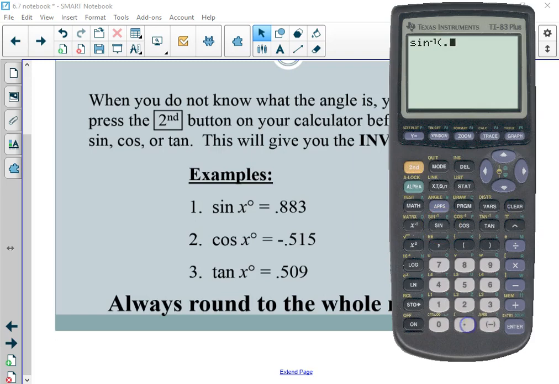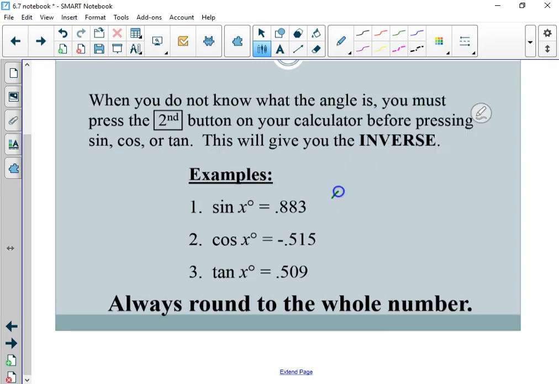And I just put in 0.883. 62 degrees. It says round to the whole number. So 62 degrees. Okay? I'm not going to do all these on the calculator to save time, but for cosine, I don't know the angle, so I'm going to do inverse cosine and put in 0.515.